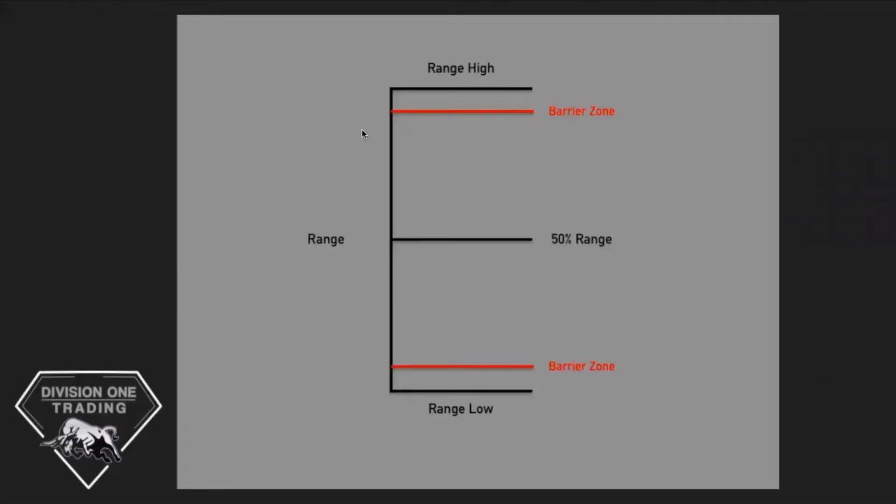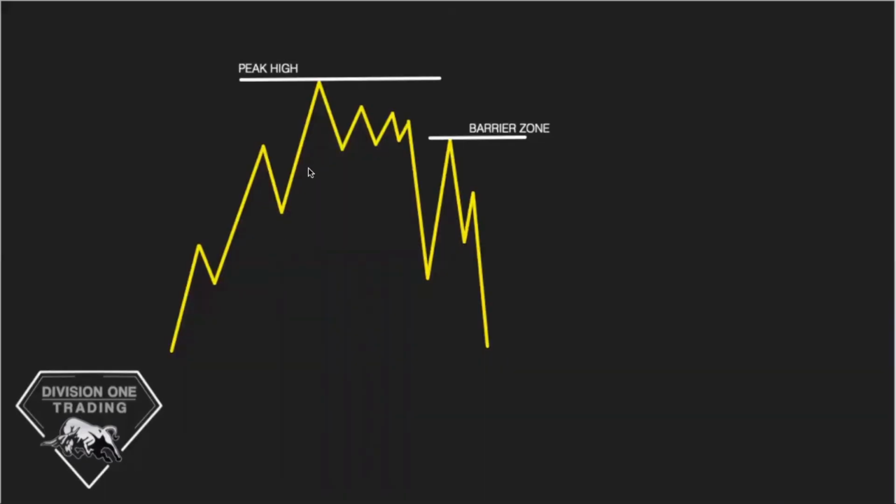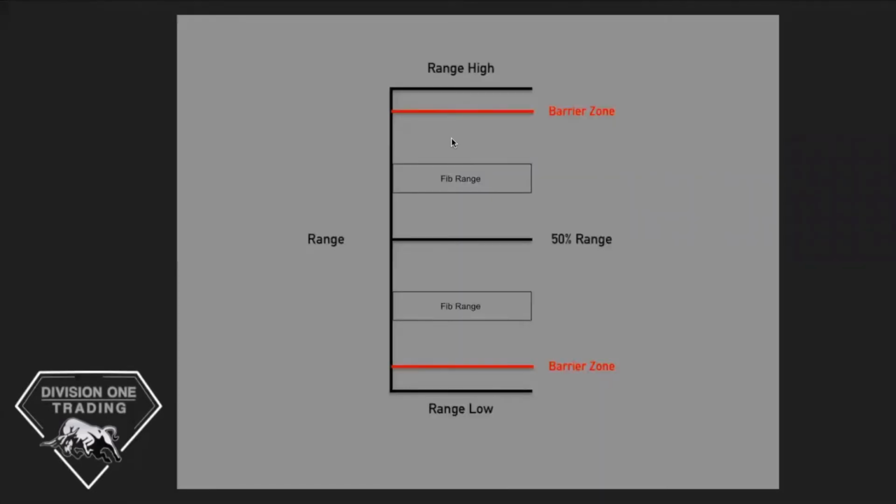So this is pretty much what I was trying to explain. If we have some level of market structure and there's the highest high, peak high, once it breaks down, then whatever level it comes back to, that's the barrier zone that we leave there. And we'll talk about why. And then here we just talk about these are fib ranges. We'll talk about fibs in a different video.